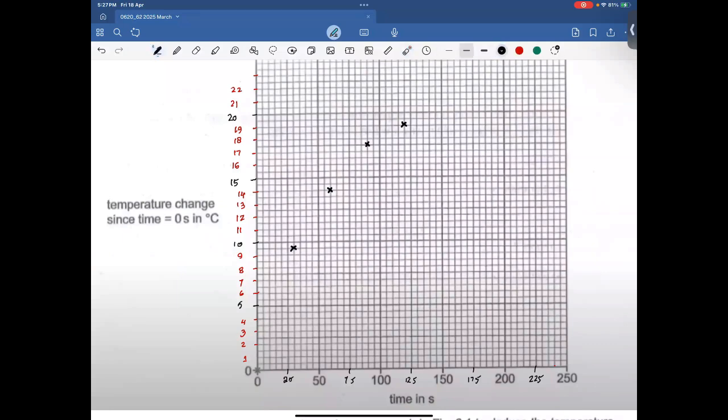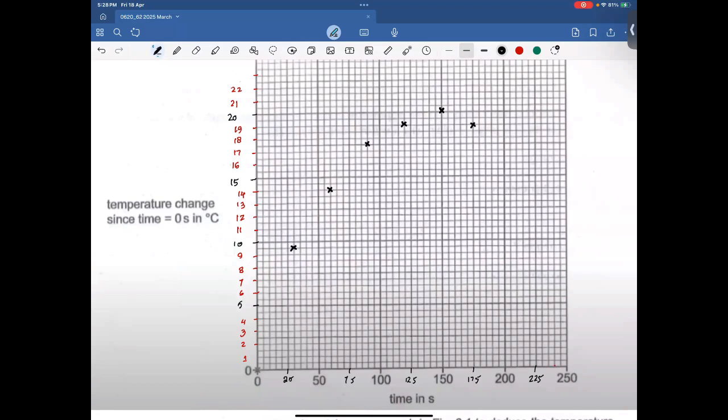So what is it at 150? 20. Okay. At 180, 19. 15, 16, 17, 18, 19. This is your 19.